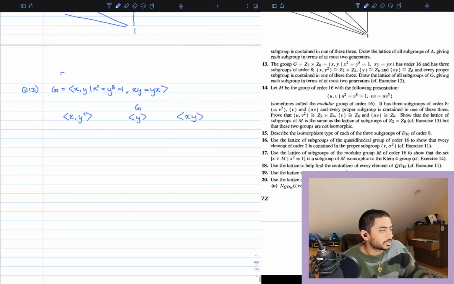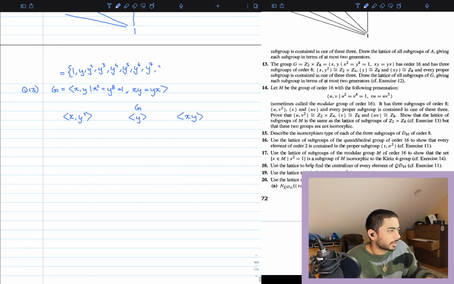So let's try writing this out as a set. We've got 1, y, y squared, y cubed, y to the 4, 5, 6, and 7. And then you've got x, yx, y squared x, and so on, up until y to the 7th x. 16 elements.